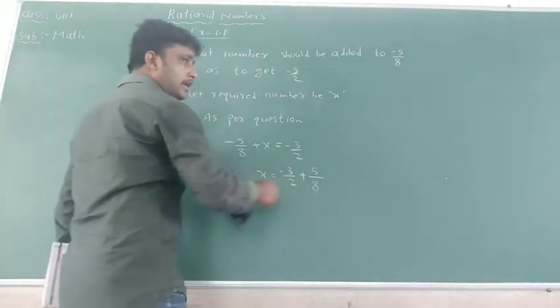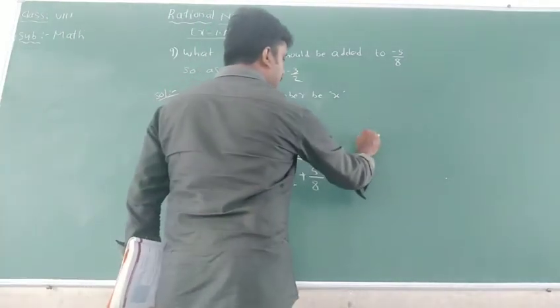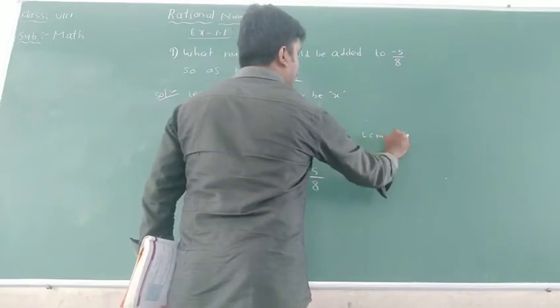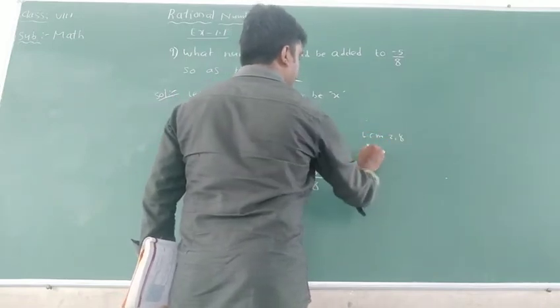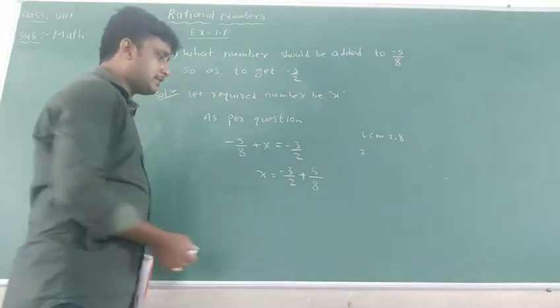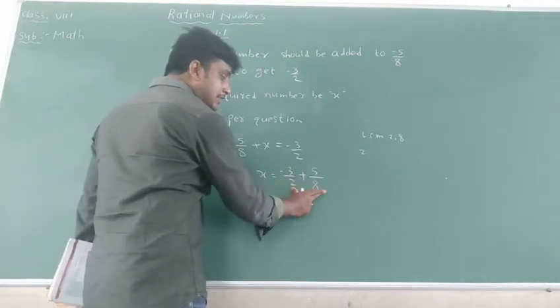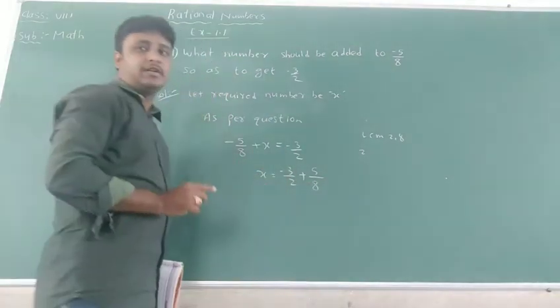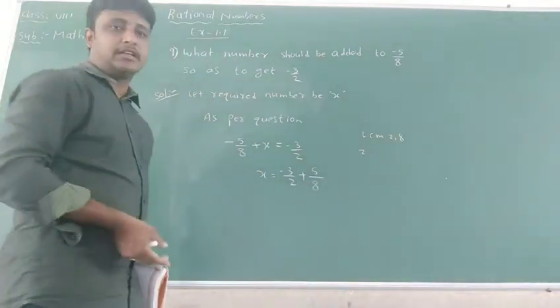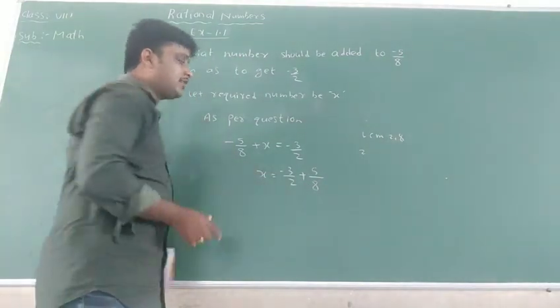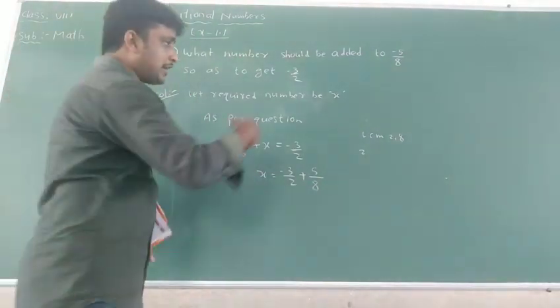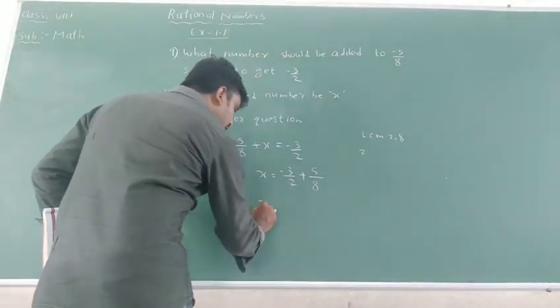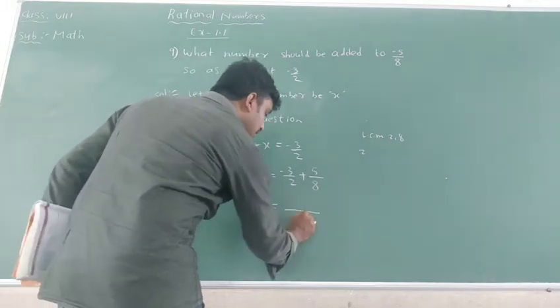Now we have to find the LCM of 2 and 8. 2, 8, LCM is 8 only. Why? Because 2 is a factor of 8. In this condition, if the small number is a factor of the big number, the big number will be the LCM. We do not need to do the LCM calculation again. So the LCM of 2 and 8 is 8.